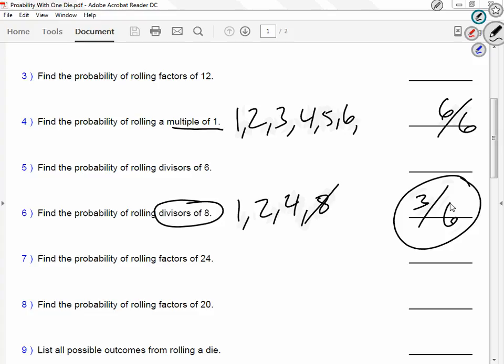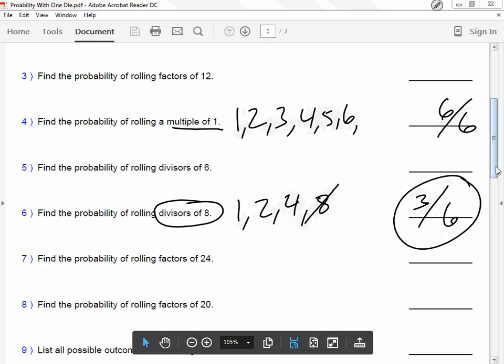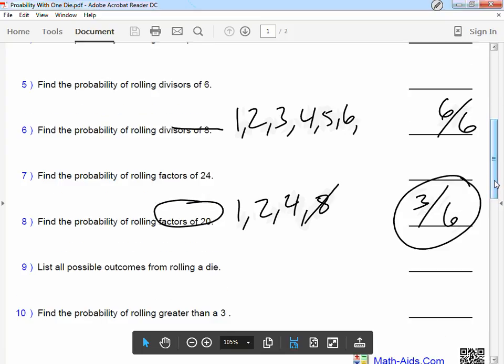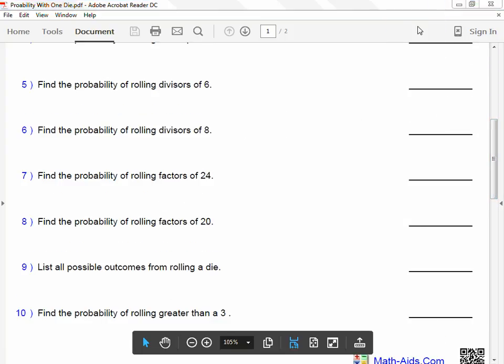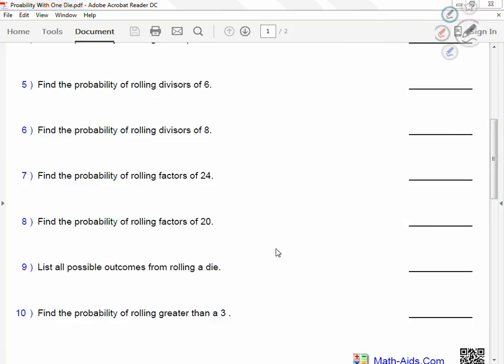Okay. Any other questions? Number 9. List all possible outcomes from rolling a die. So looking at question number 9, list all possible outcomes from rolling the die.